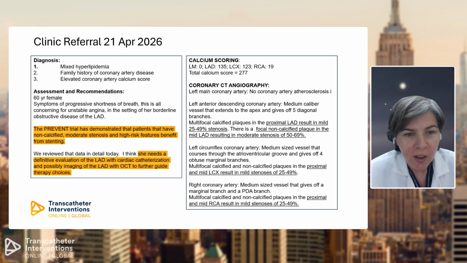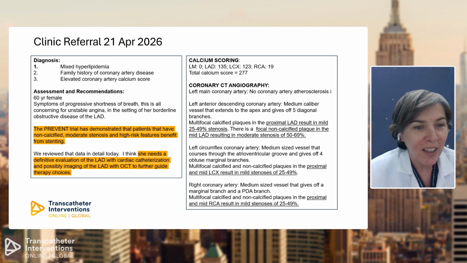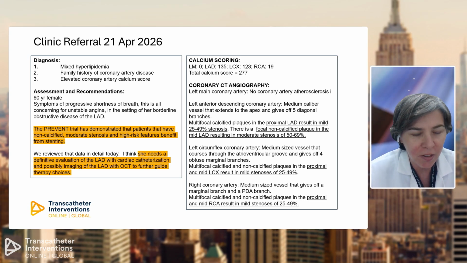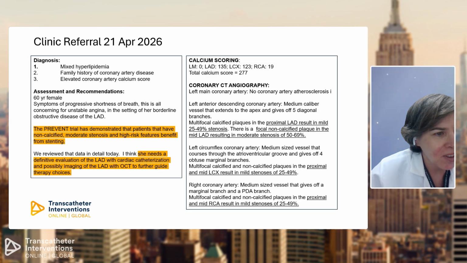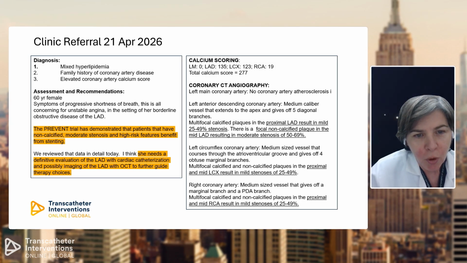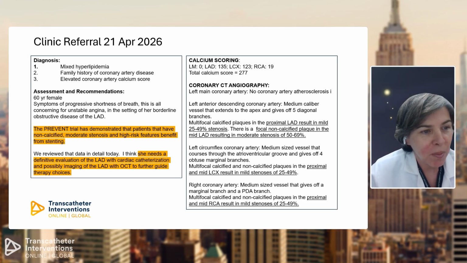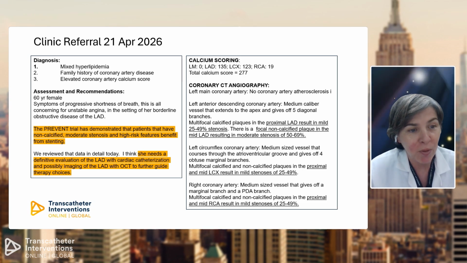So just following on from that, and just to stimulate our discussion, I saw this patient in the office yesterday, and this is what the referrer had sent to me. So they sent the CT scan you see here. The patient's got mild to moderate disease in all three vessels. But the referrer says the patient's symptomatic. They've identified moderate disease in the LAD. In light of the PREVENT trial that has demonstrated that patients with non-calcified moderate stenosis and high-risk features benefit from stenting.